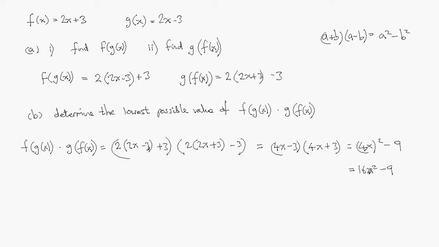So if x is positive or negative, both are going to square to give a positive term. So we can't really get a smaller value than minus 9, and therefore that's actually our answer there, minus 9.